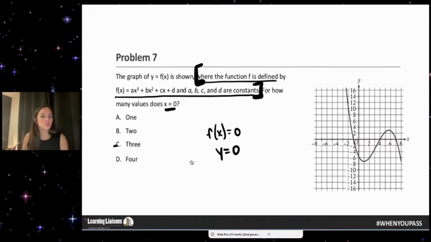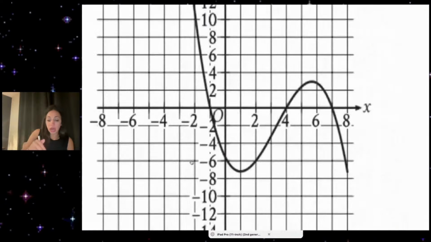How many times does y equal 0? How many times does the function equal 0? But we are not asked very often, how many times does x equal 0? And so a lot of people on this problem are going to choose 3 because they're going to immediately see that this graph crosses the x-axis 3 times.